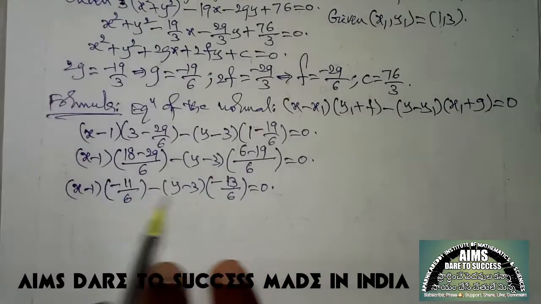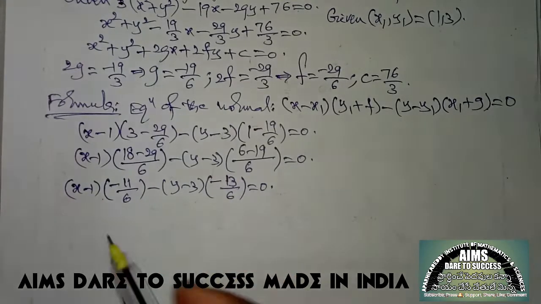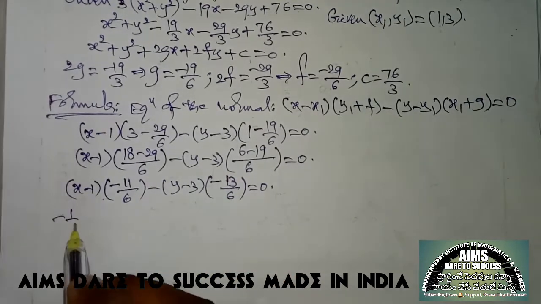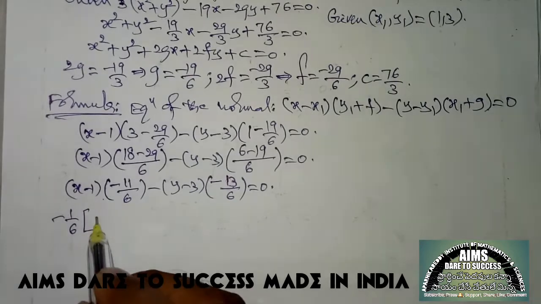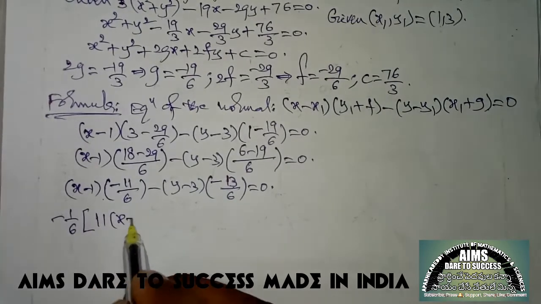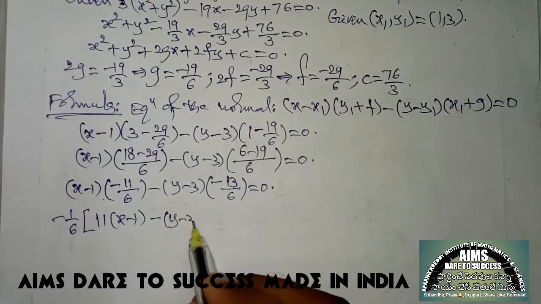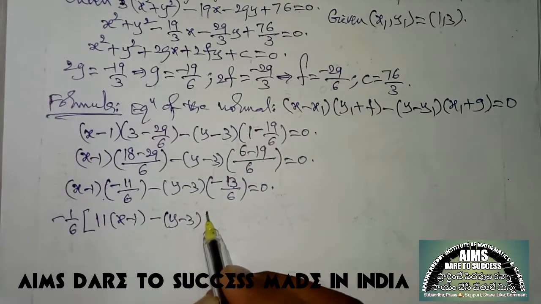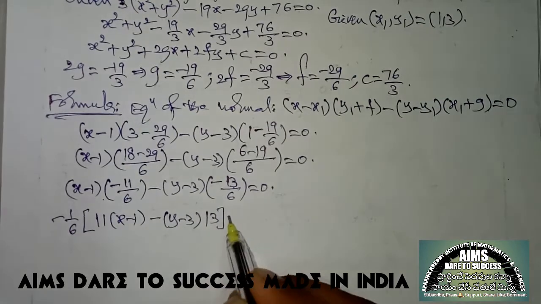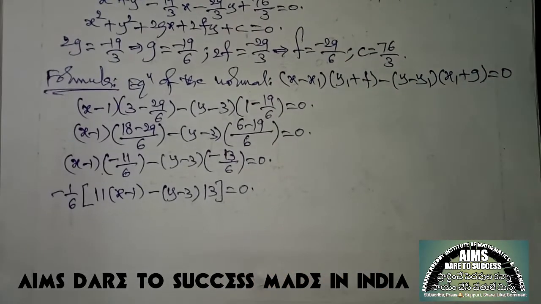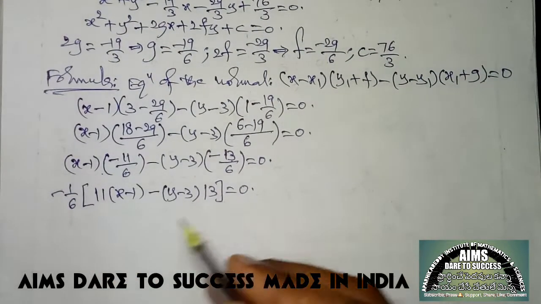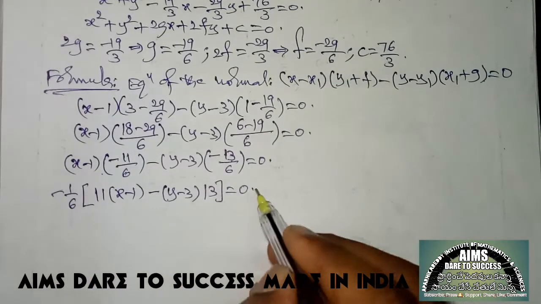At the last we are having minus common and 1 by 6 common. Now I want to take minus 1 by 6 common. Remaining value 11 into x minus 1. After that minus of y minus 3 into remaining value only 13 is equal to 0. And next minus 1 by 6 is coming to this side.